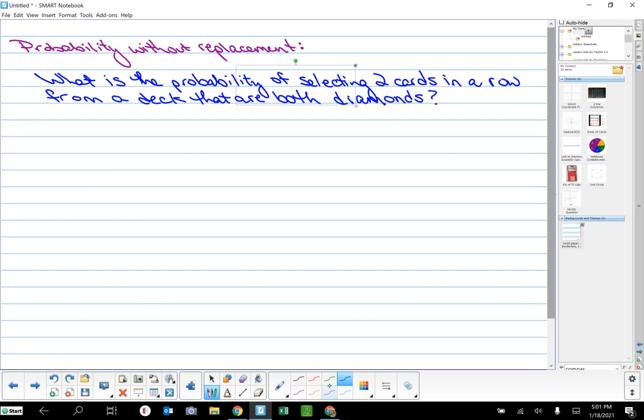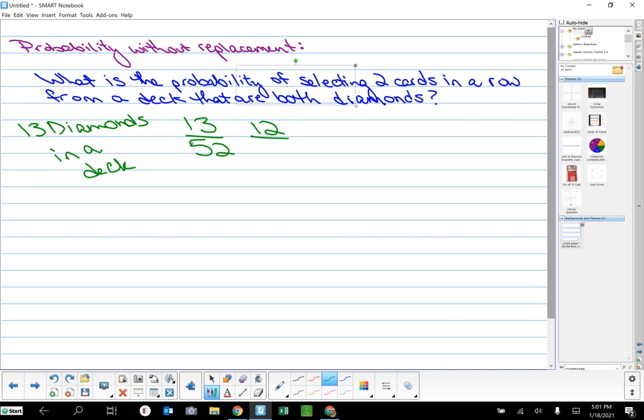Okay, well, we know that there are 13 diamonds in a deck, right? So the likelihood of pulling a diamond out the first time is 13 out of 52. We assume that actually happens. So the second time we pull a card, there's only 12 diamonds to pick from because we already picked one out of there.